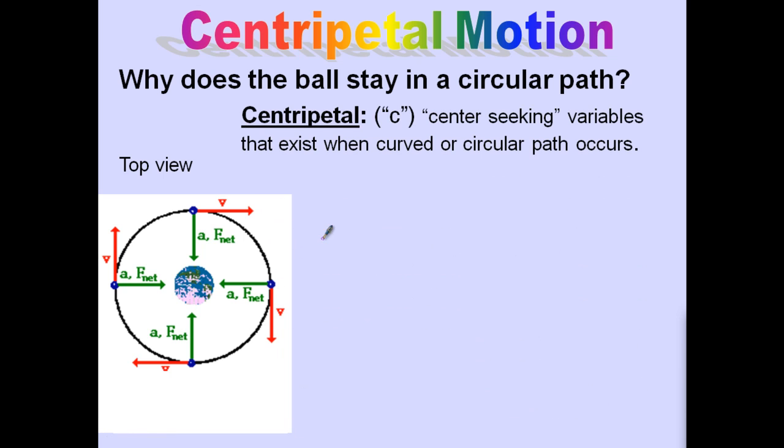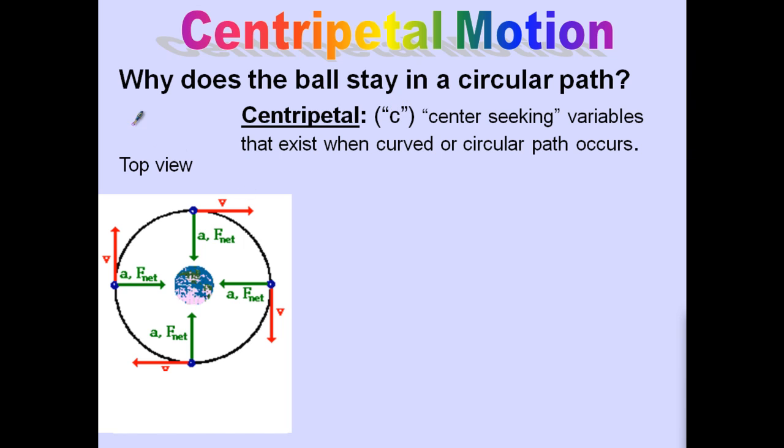Alright, so kind of a little review here. Here we have the moon going around the Earth. We can see its acceleration and its net force always point inwards. Its velocity, linear, is tangential to the curve. So remember I said centripetal means center seeking, and we always put a little sub C on these things anytime we're talking about stuff in a circle.